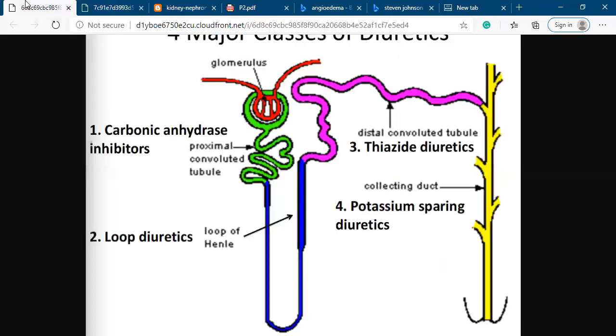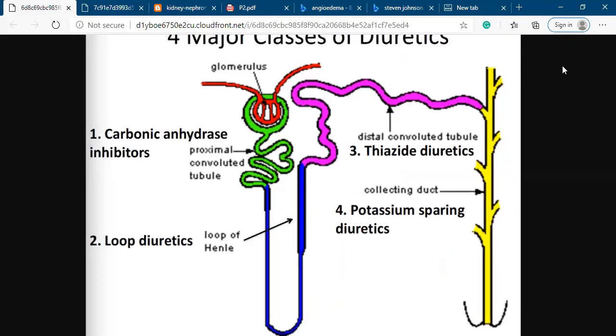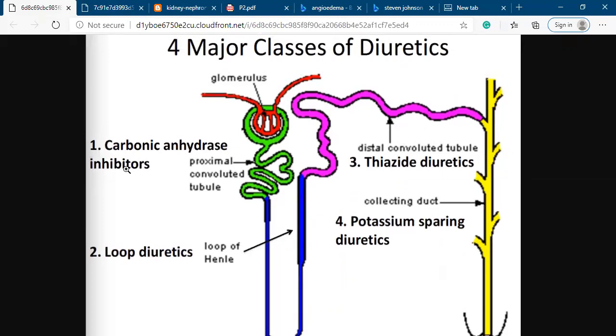And if you want something easier, I am just going to recap a little bit to make it easy. Carbonic anhydrase inhibitors, the example is acetazolamide, work in the proximal convoluted tubule. Loop diuretics like furosemide and bumetanide work in the loop of Henle, especially this and this area.